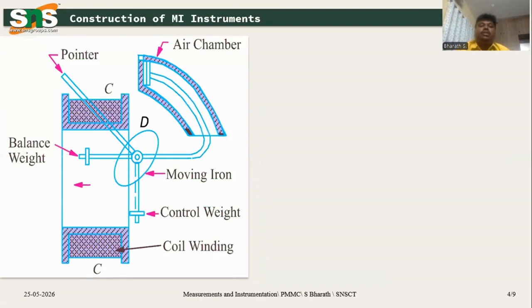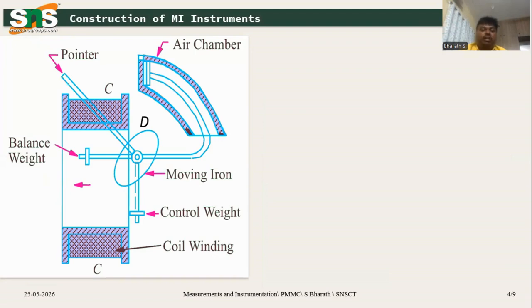So we could see the construction of an MI instrument. The following are the constructional parts of an MI instrument. We have a chamber-like structure which has a coil winding. We have a controlling weight for the pointer in the opposite part, which provides the controlling action.